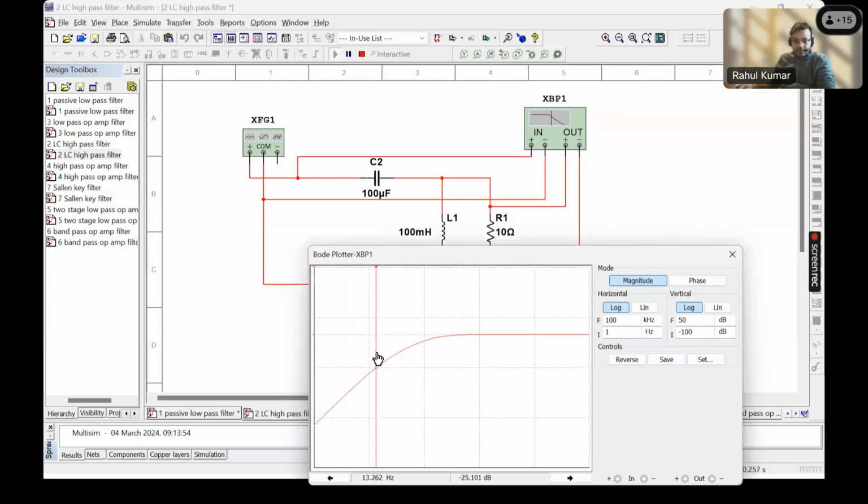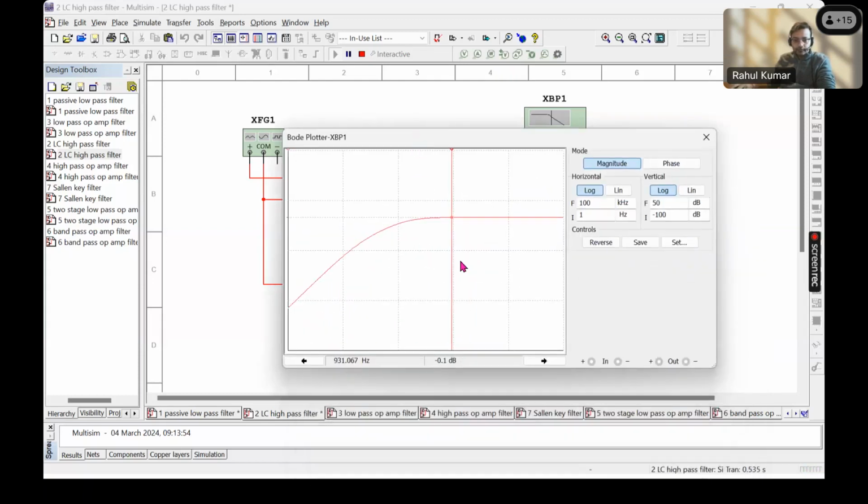But obviously the cutoff frequency is no longer at 50 hertz. That's about 0 dB. And if we go back to minus 3 dB, at around 3 dB you can see the frequency is 145, 146 hertz.